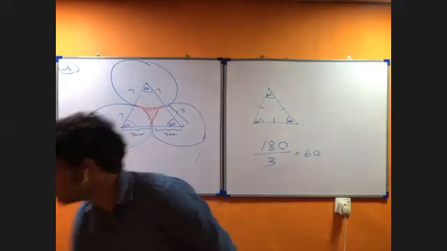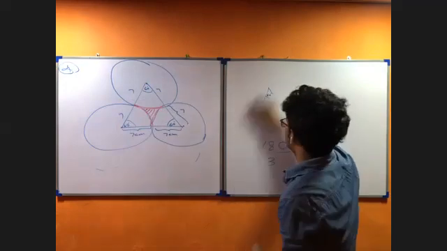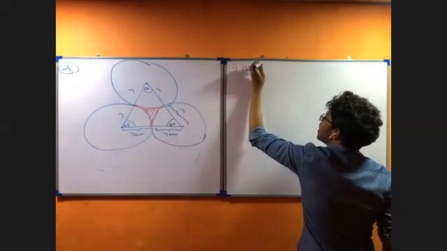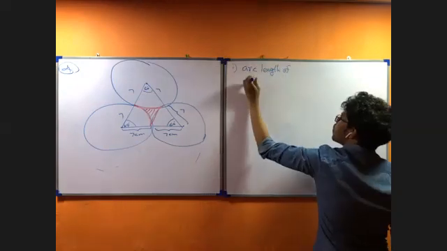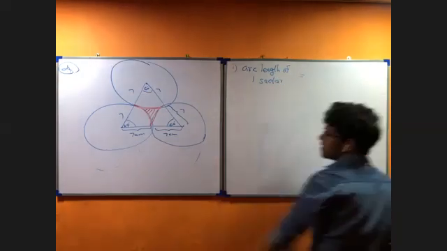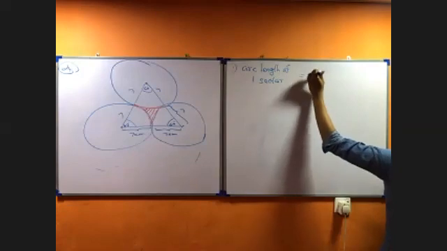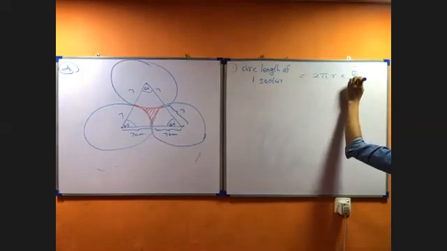So you can write the arc length of one sector. The arc length is 2 pi r multiplied by theta divided by 360, right?